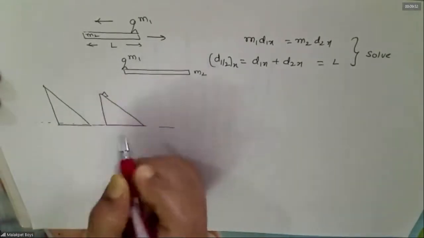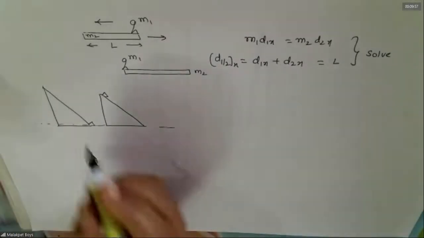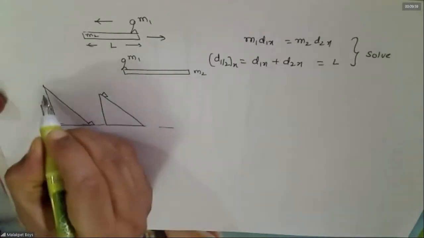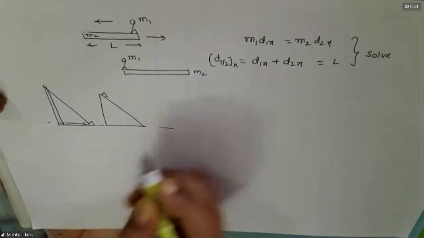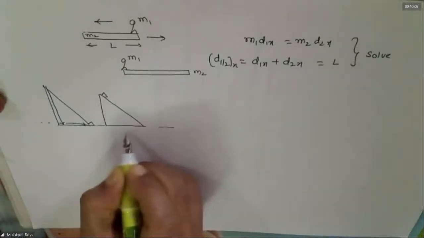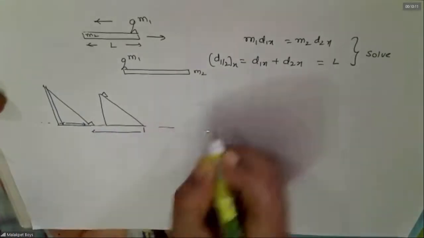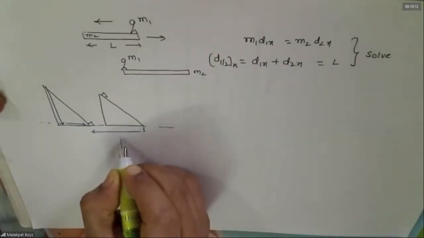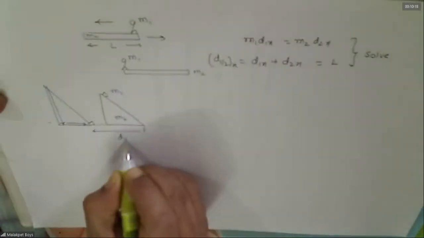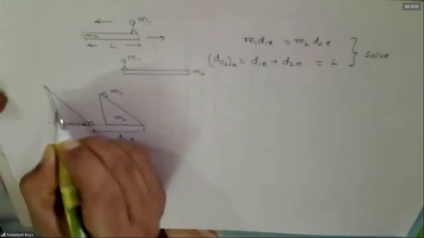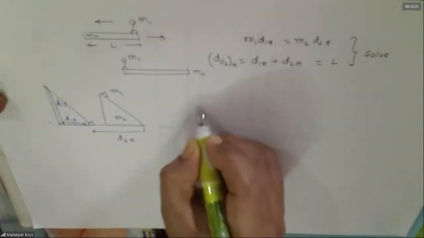In yesterday's problem, this object comes over here. For the object to come over here, it is vertically displaced and horizontally also. However, this has only the vertical, moving only from here to here. This is M2, this is only d2x, whereas M1 has d1y and d1x.